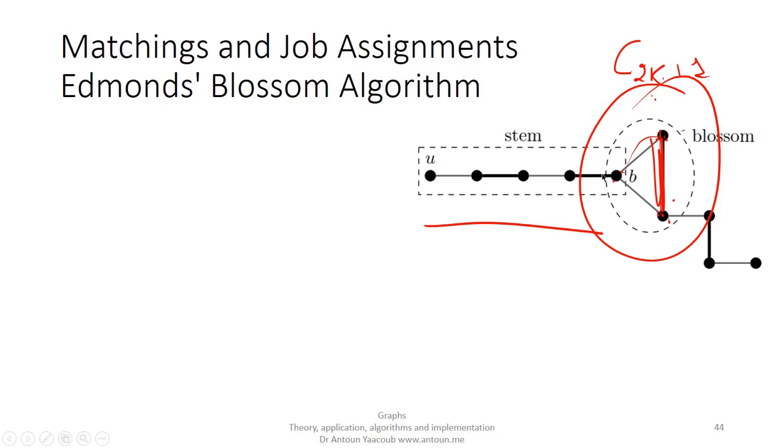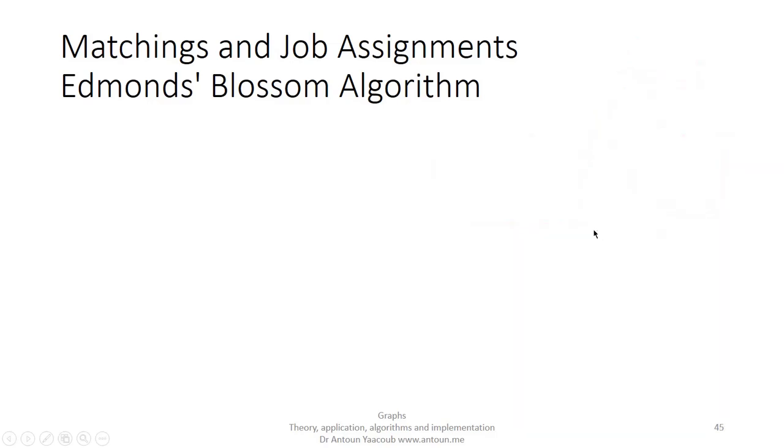So it comes off the blossom and it should be matched. Thus, any non-stem edges coming off the blossom must be unmatched, obviously. So the base one should be matched, and the one that comes out of the blossom must be unmatched.